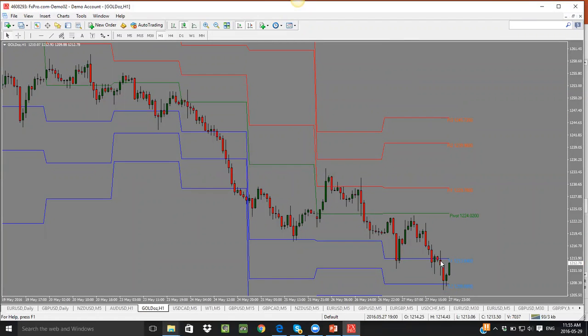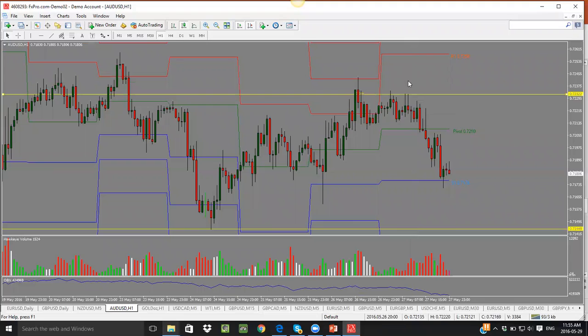Gold drops here, and as you can see, Aussie does the same thing. So you're looking for your commodity to start moving first. So oil or gold will start moving first, and then we'll see that your Canadian dollar, dollar CAD, and your Aussie dollar, they will start following the related commodity.